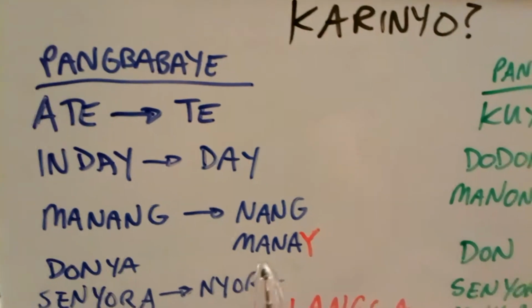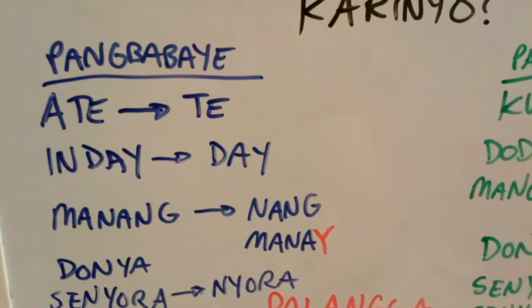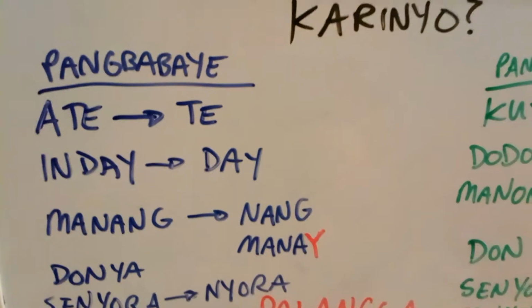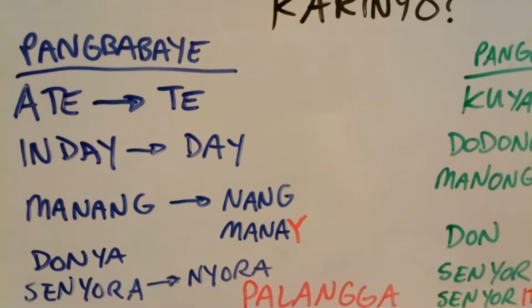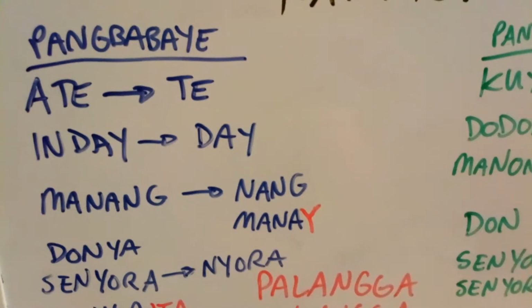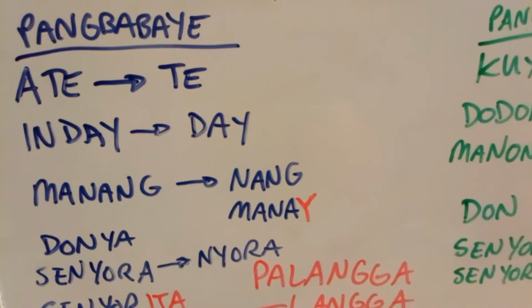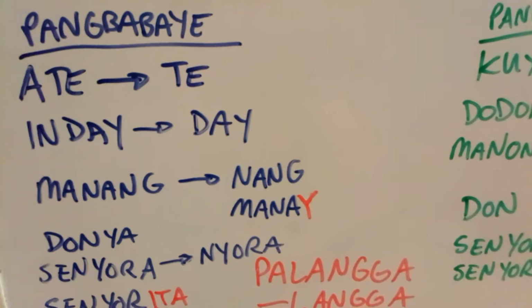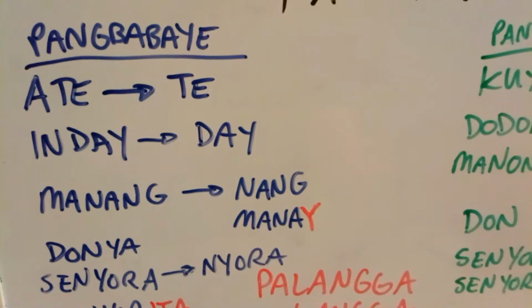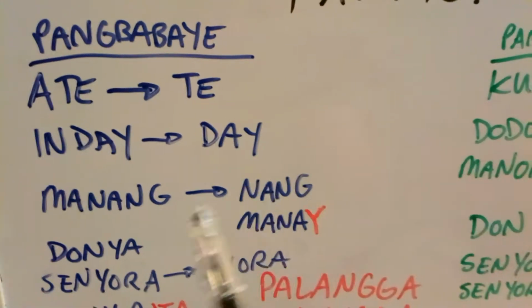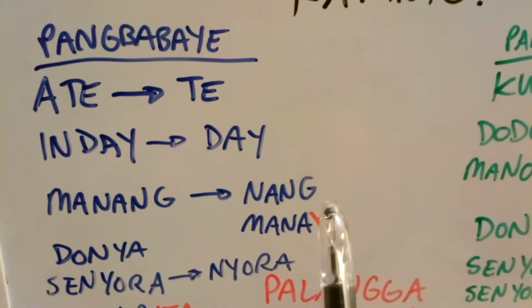Manang, to me, sounds more like an older woman, or a woman who's older than an ate. So it's more like a term of respect. If you don't know what their name is, it's like, oh, Miss or Madam or Mrs. Manang. And the shortened form is nang.